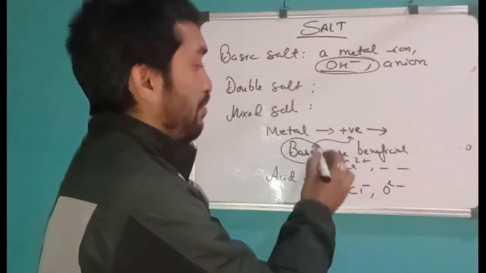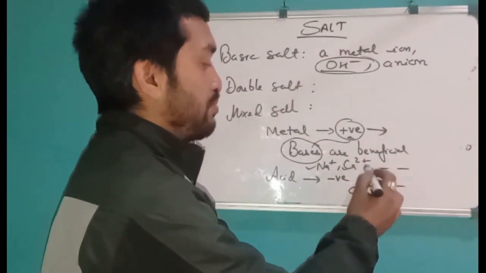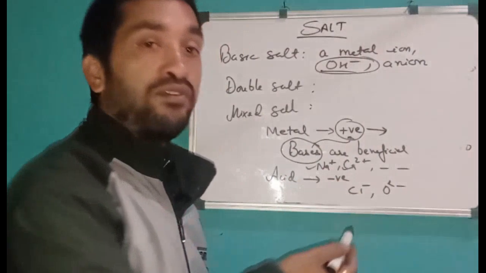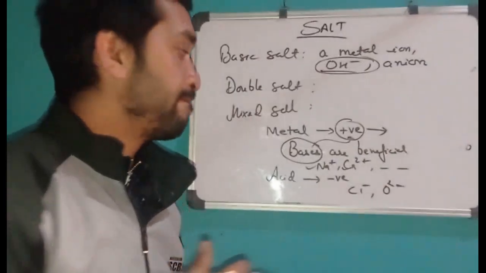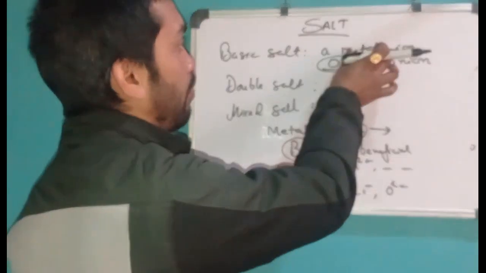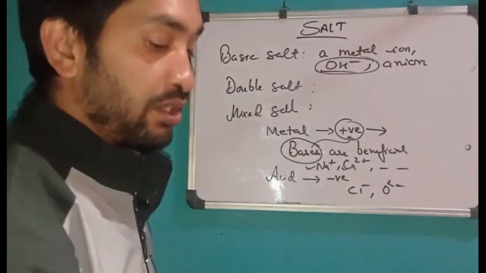So every positive part is basic in nature. Na2 positive, Na positive, Ca2 positive, Al plus 3 positive, and acids are negative for your body. So every negatively charged species is acidic in nature. In that way you can understand. So here I am talking about a metal ion, positive. So it will be basic. I hope it is clear to you.